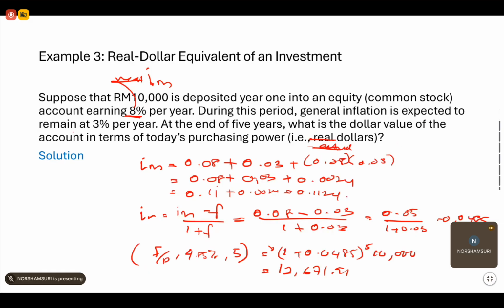In the other case, if you want the actual dollar, then you have to put the market value. For example, this one is 0.1124. Using the same formula, you can get this value. So if you want to get it using the future over present, it's 11.24%, and this is 5 years, for example.